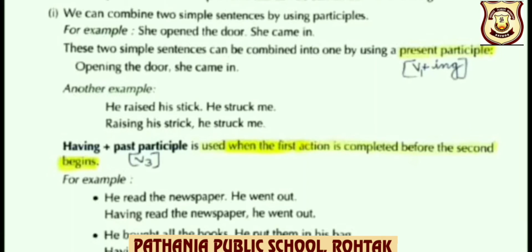For example, he read the newspaper, he went out. So which action is completed first? Reading of the newspaper. Then he went out. So for this we can use this structure, having plus past participle. Having read the newspaper, he went out.